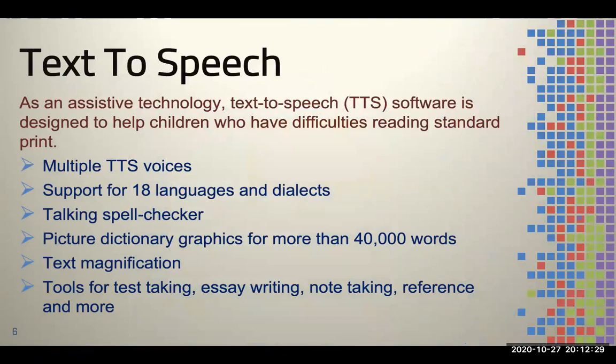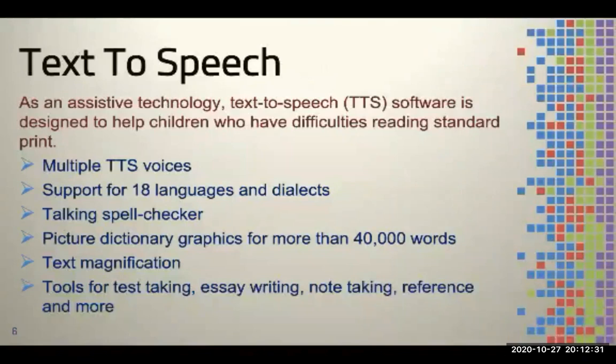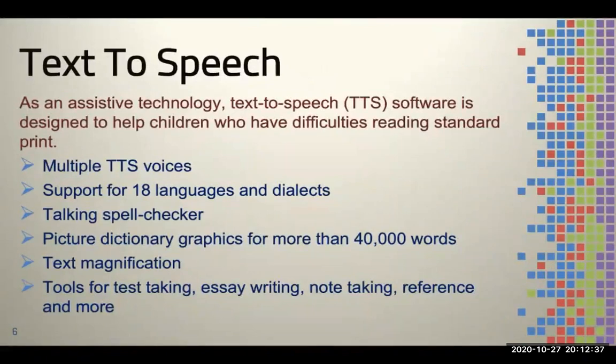As an assistive technology, text to speech software is designed to help children who have difficulties reading standard print. Common print disabilities include blindness or any type of visual impairment, learning disability, or other physical conditions that obstruct the ability to read.